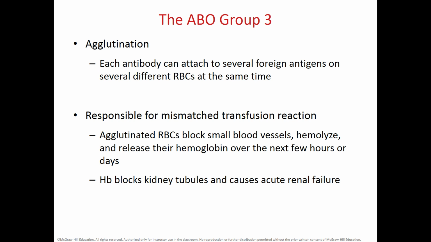And more than likely, hemoglobin, when it's free in the circulatory system, in the blood vessels, will block a structure in the kidneys called the kidney tubules, and then the person will have acute renal failure. So their kidneys won't work.